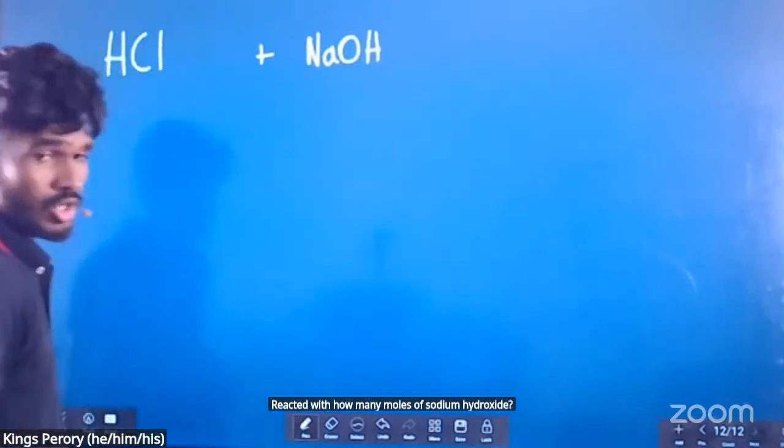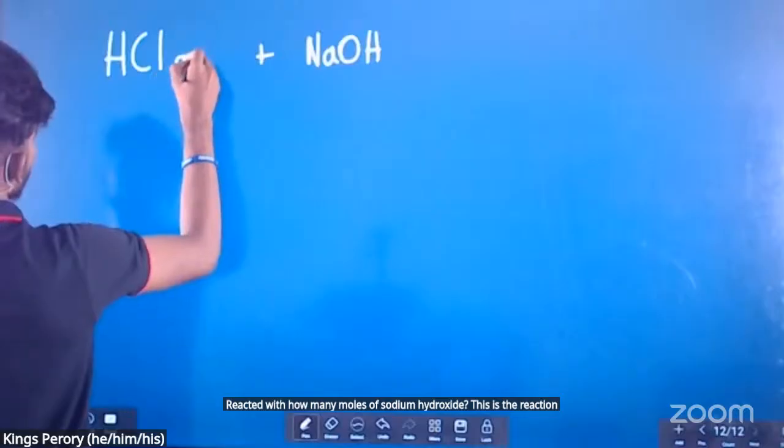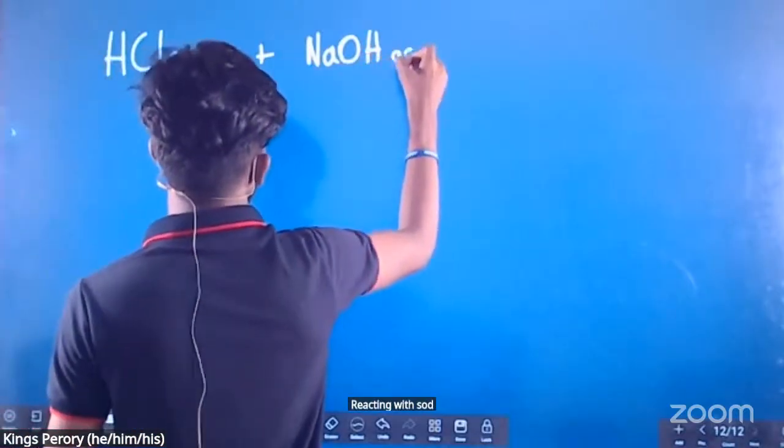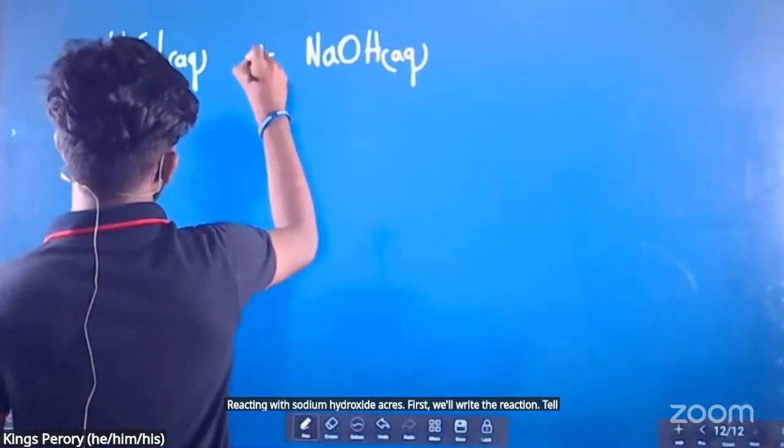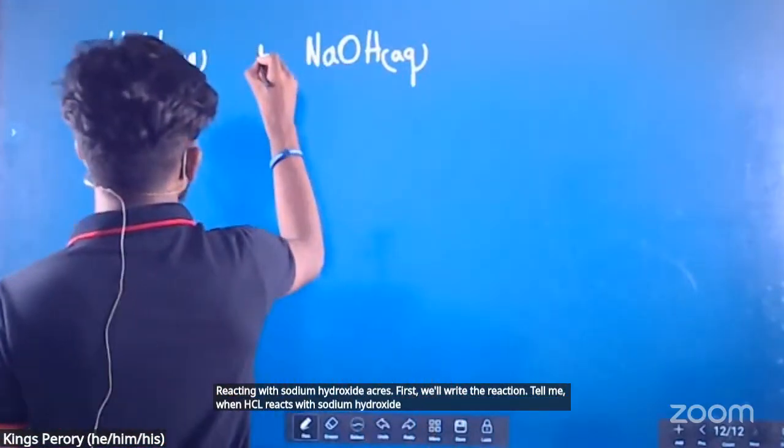Now, this is the reaction. HCl aqueous reacting with sodium hydroxide aqueous. First, we'll write the reaction. Tell me, when HCl reacts with sodium hydroxide, what are the two products formed?